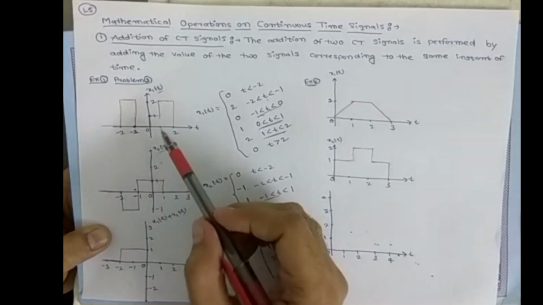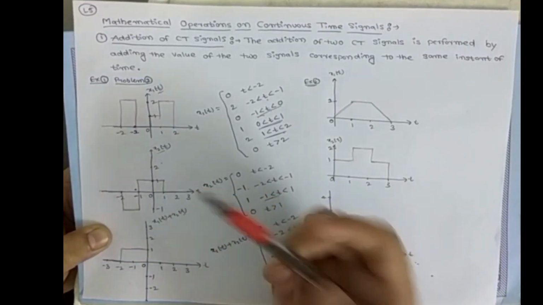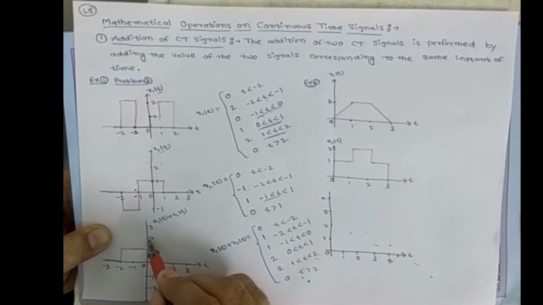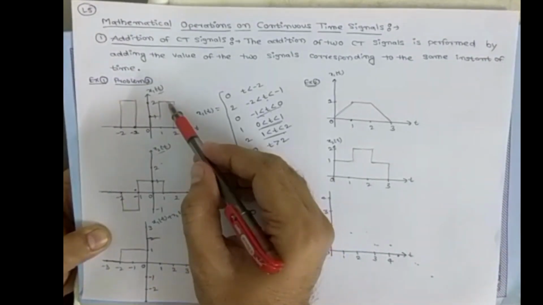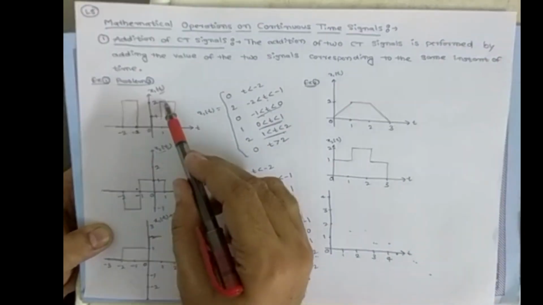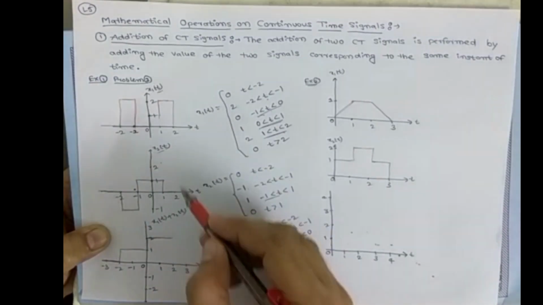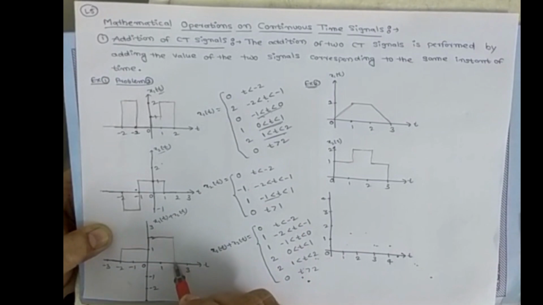Next, 1 plus 1 is 2. From 1 to 2, one signal is 2 and the other is 0, so 2 plus 0 is 2. Here we are maintaining 2, and then 0 plus 0 is 0.